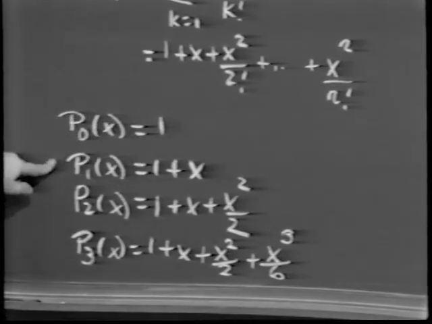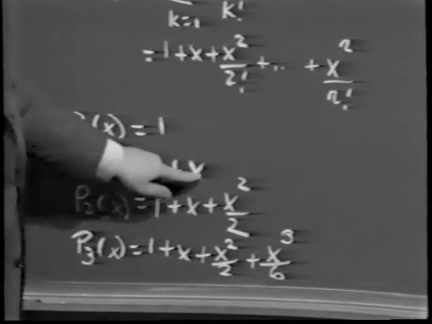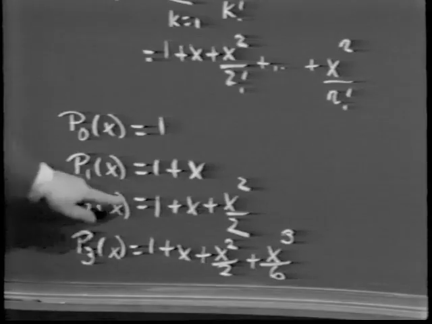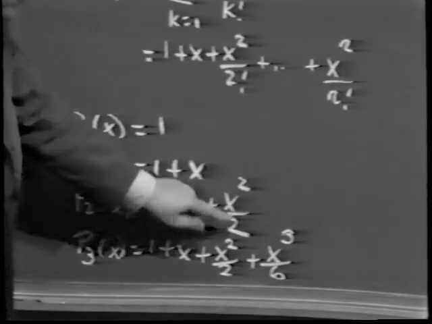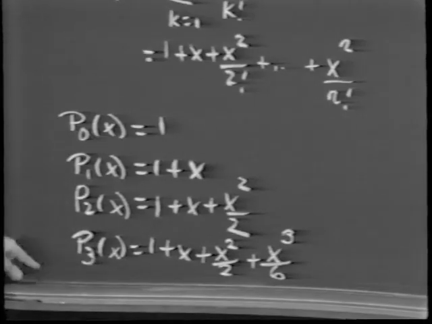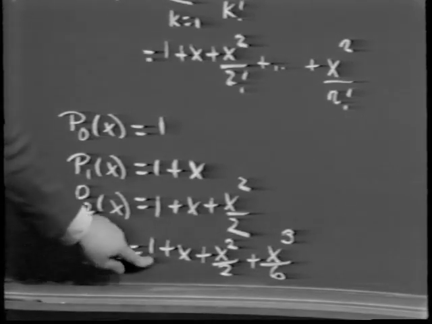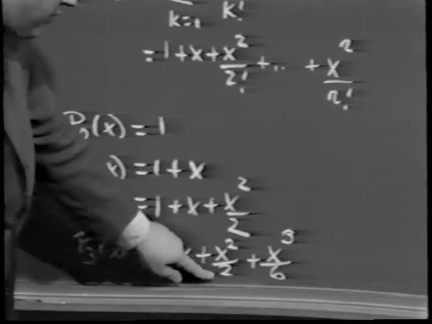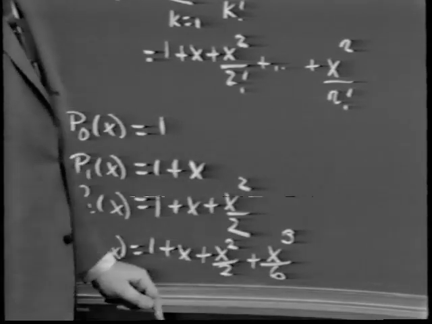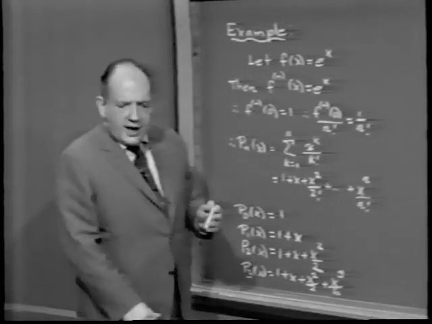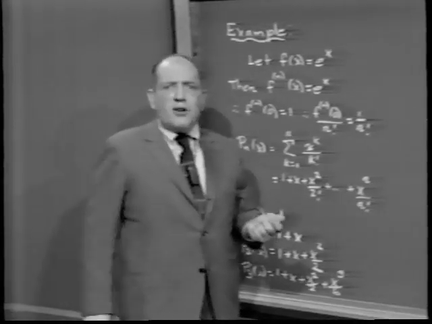The straight line approximation with the highest degree of contact at the origin is y equals 1 plus x. The best quadratic approximation is y equals 1 plus x plus x squared over 2. The best cubic fit is when y is 1 plus x plus x squared over 2 plus x cubed over 6, 6 being 3 factorial. And we can continue on this way, getting better fits as we add more and more terms.